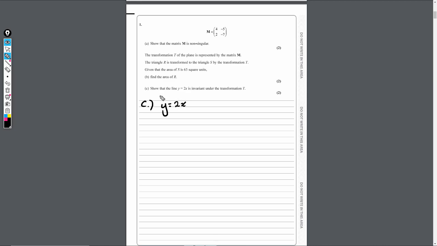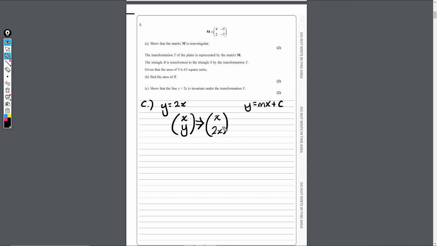We could write this as a matrix. Normally this would be x, y, if we had the form y equals mx plus c, but our m is 2 and our c is 0. So plugging this in, we have x again, and y is equal to 2 lots of x.